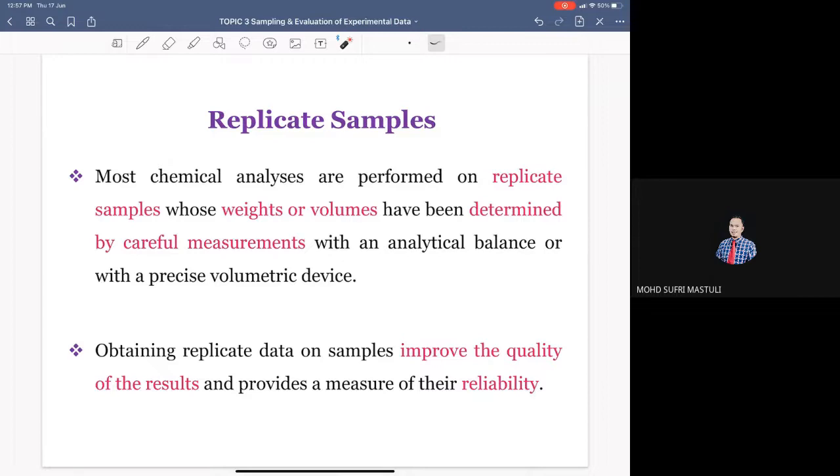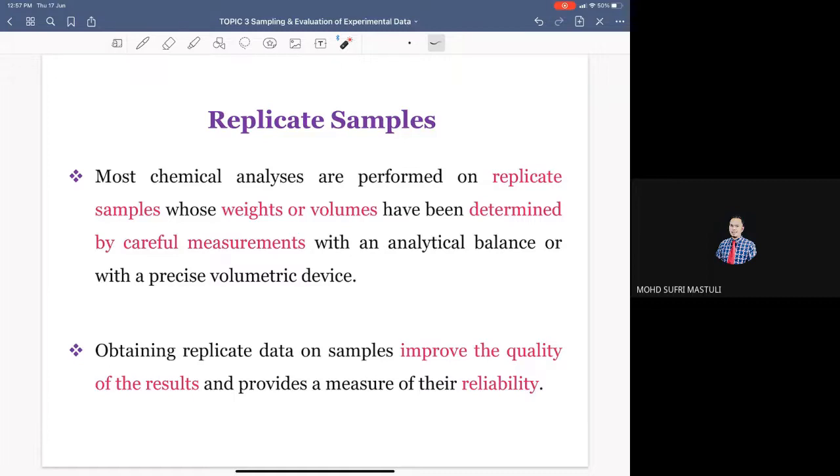Before we do the sample analysis, this is the flow. We collect the sample from the population, which is the gross sample. We have to reduce the gross sample into the laboratory sample using a proper technique.